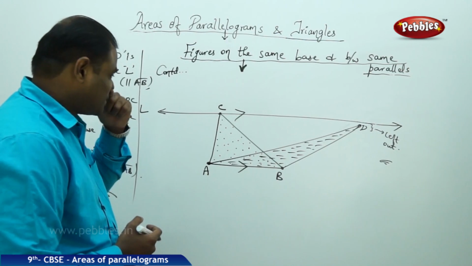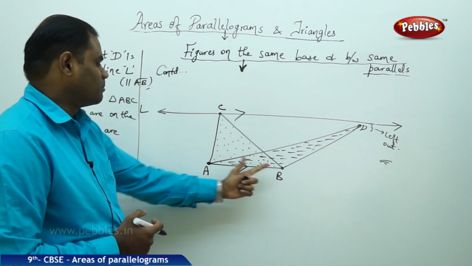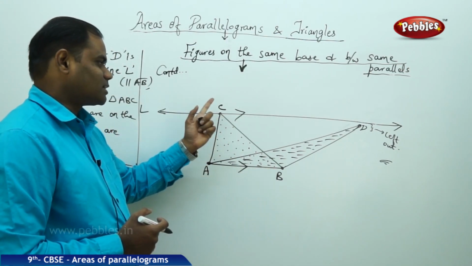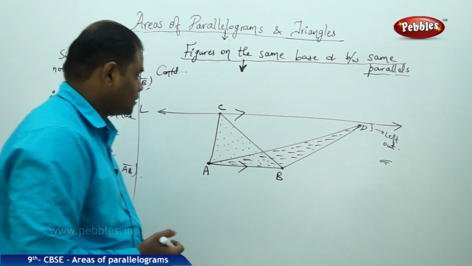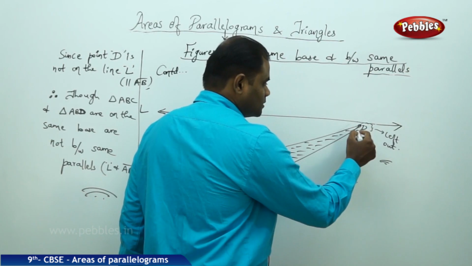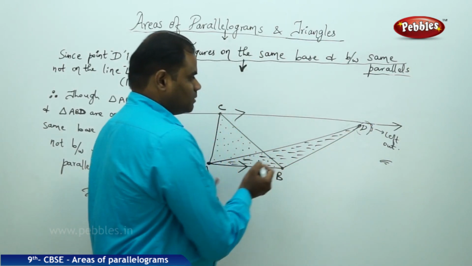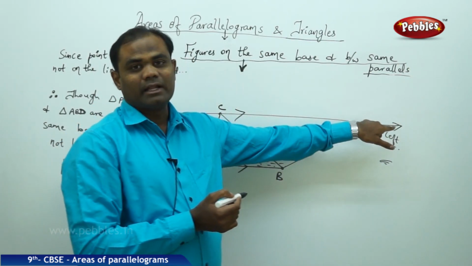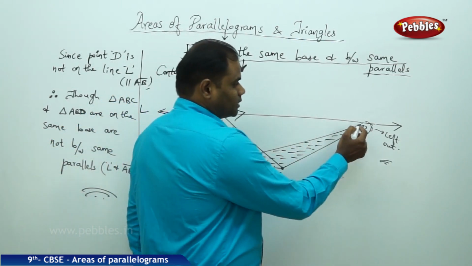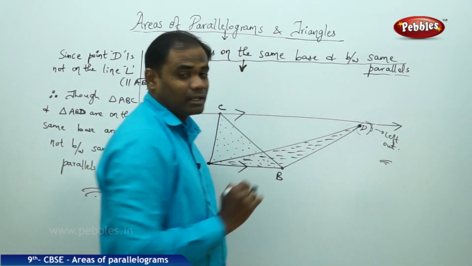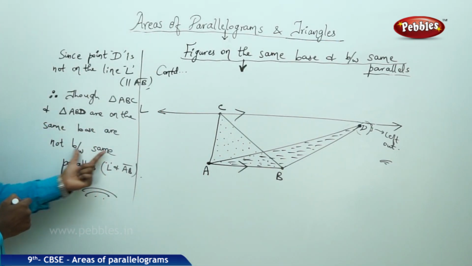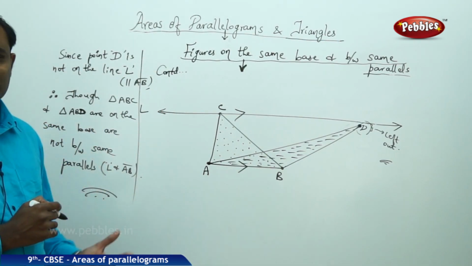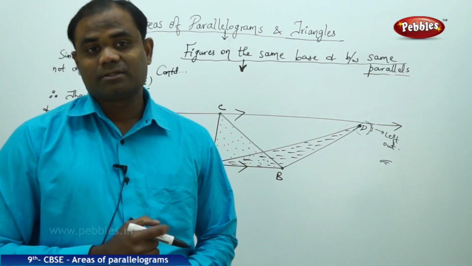So here the remaining vertex other than the base here is C, so this must entirely lie on the line L, which is parallel to AB. Here the remaining vertex D other than the base AB must lie entirely on L, but since the point D does not lie on the line L, which is parallel to AB, therefore it is not between same parallels, but it is on the same base AB.